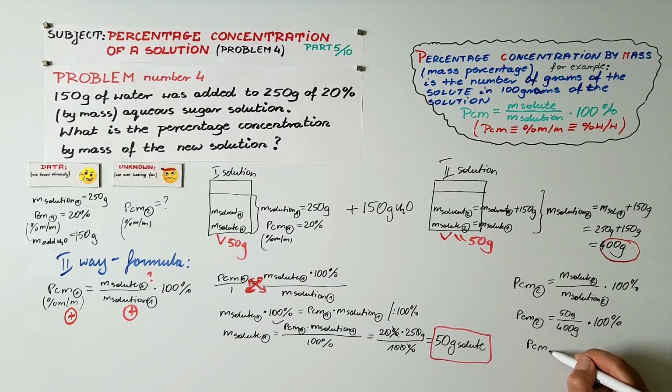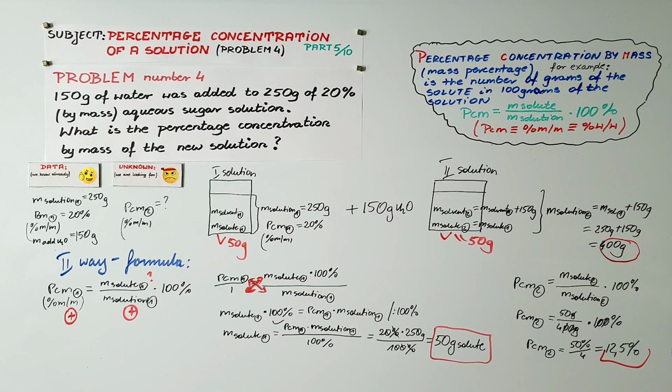So percentage concentration by mass in the second solution equals 50% over 4 equals 12.5%. Of course, the answer is the same as on the basis of proportion.